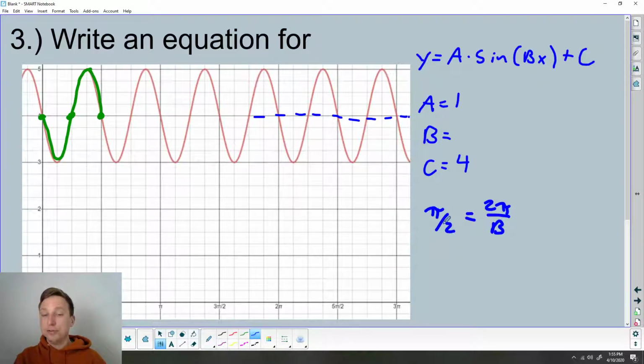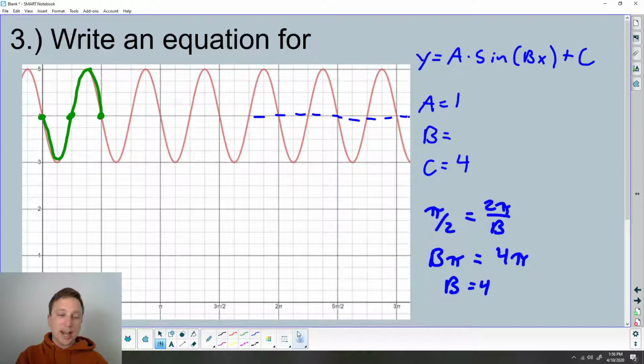We can do this a few ways. First thing we can do is undo this divide by 2, or we can cross multiply this proportion by undoing the divide by 2 and the divide by b. So let's cross multiply. So we'd have b times pi is equal to 2 times 2 pi, 4 pi. Well, look at that. B is looking right at us. So B is equal to 4.